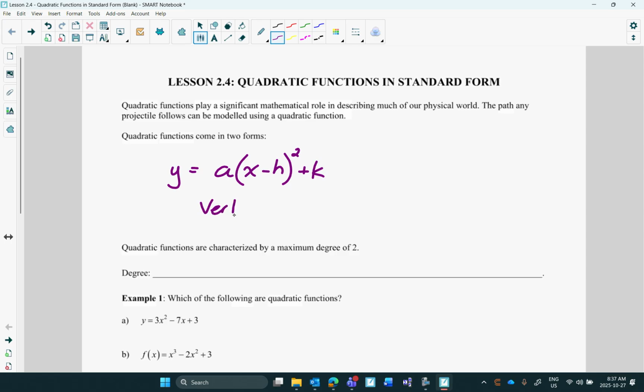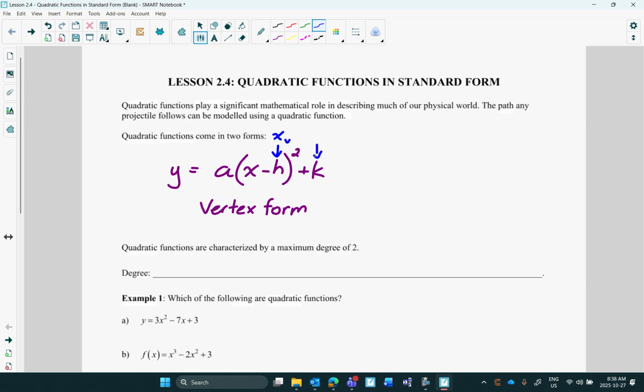And really, the reason why we call it vertex form is because when we graph these things or when we state their properties, we always look to the vertex to help us. Okay? So remember, when it's in vertex form, h and k represent the vertex, the coordinates of the vertex. So this is the x vertex.